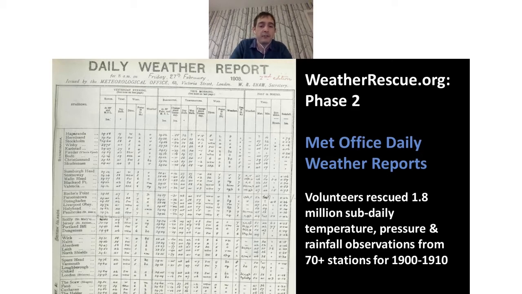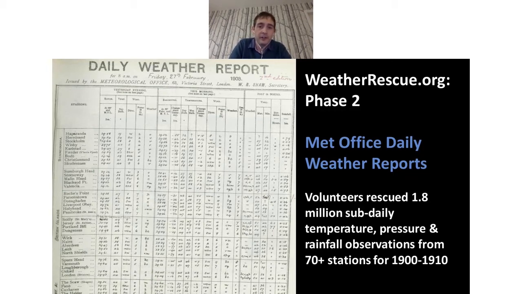They're all telegraphed around Europe, collated in London and in Paris and in other places. But this is the British Daily Weather Report, which records a lot of British stations, but also other places as well. There are twice daily observations telegraphed to London, all faithfully recorded by hand on these sheets, which were then available to the public a few hours later.